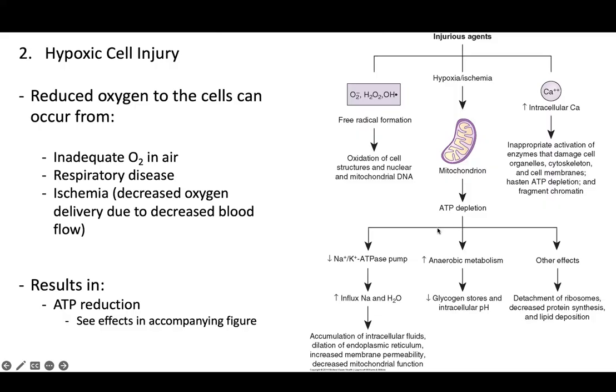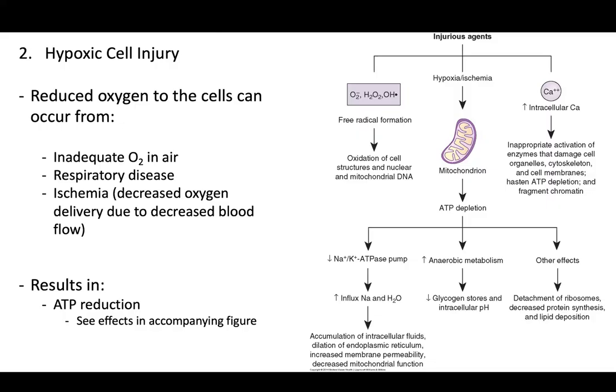ATP depletion is also going to cause us to undergo anaerobic respiration. And that anaerobic respiration is going to deplete our glycogen stores because you need to burn a lot more glucose in order to make the same amount of energy. Because remember, anaerobic cellular respiration only makes about 2 ATP per glucose, compared to when there's oxygen present, you're up to 30, 36 ATP.